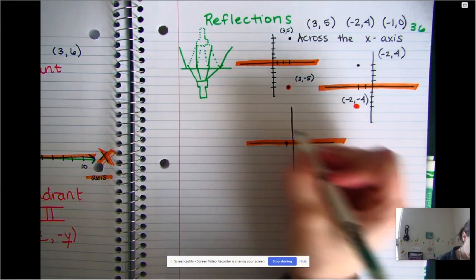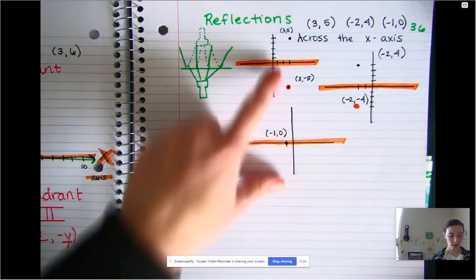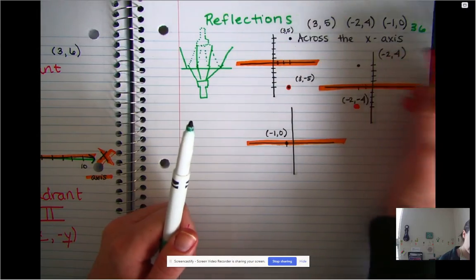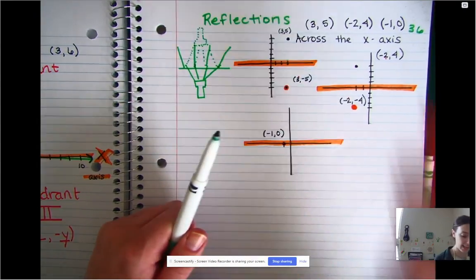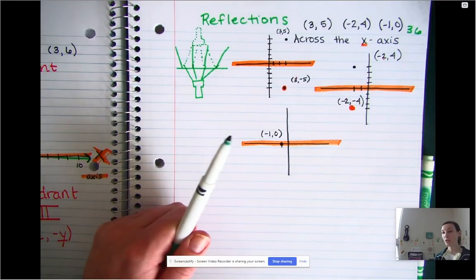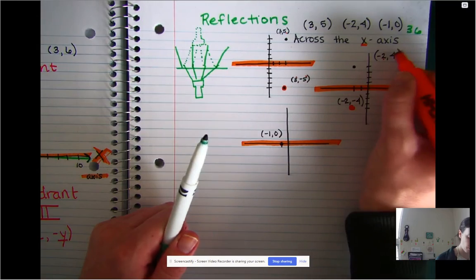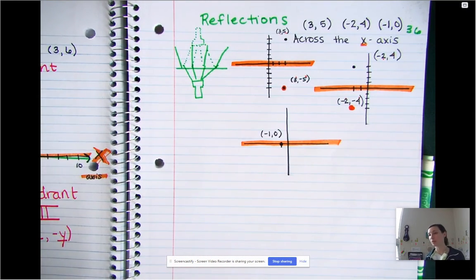Because if we look at what changed in all of these, the first number, the x-coordinate, always stayed the same, and the y-coordinate became the opposite, right? So 5 to -5, 4 to -4. Well, there isn't really an opposite of 0. The opposite of 0 is 0.